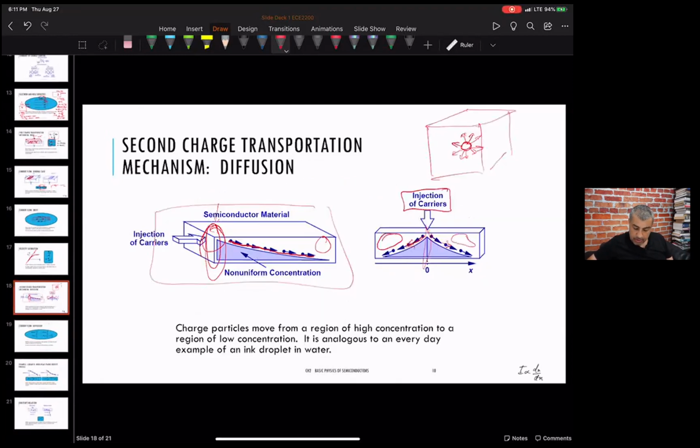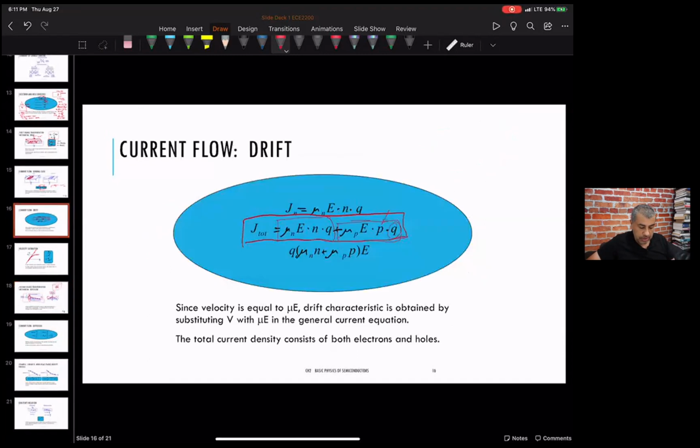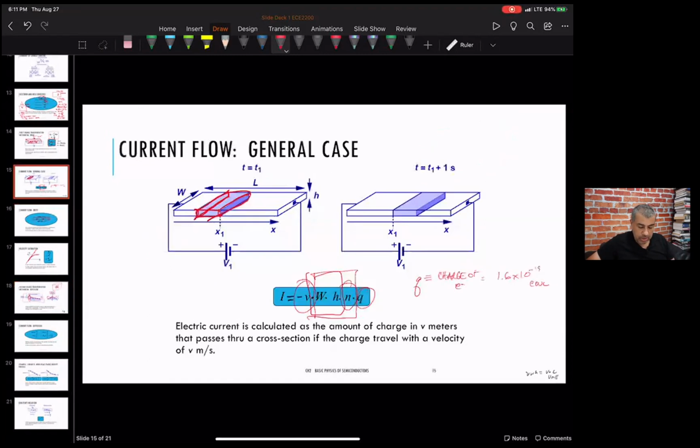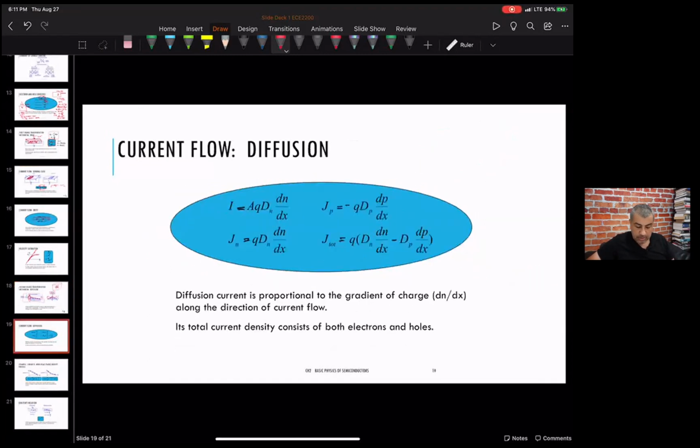Okay, so basically what we're saying here, I put a little note down here to remind myself. Now we looked at drift. We came up with this current equation and current density. Now I want to do the same thing for diffusion.